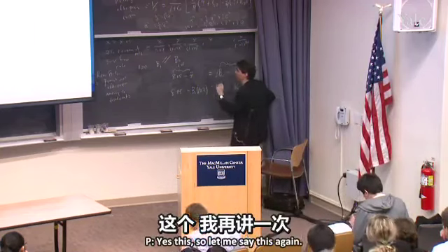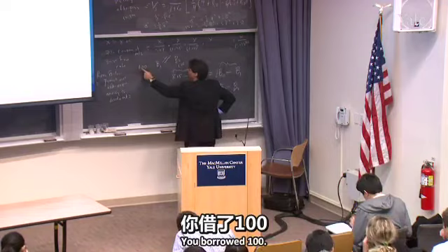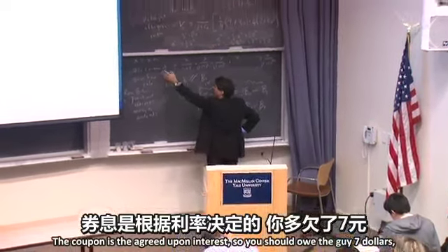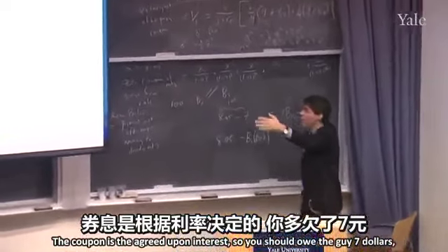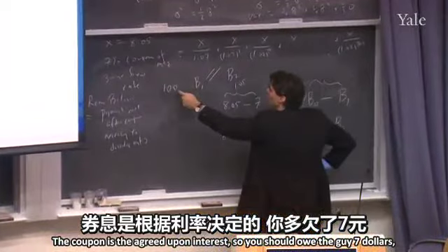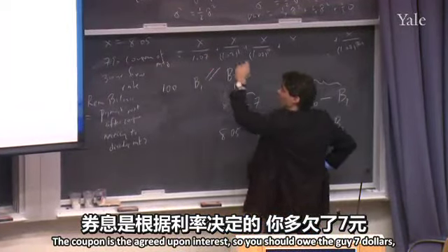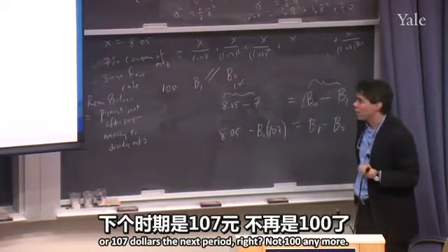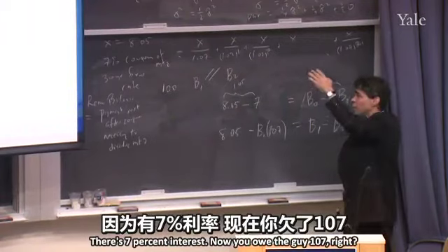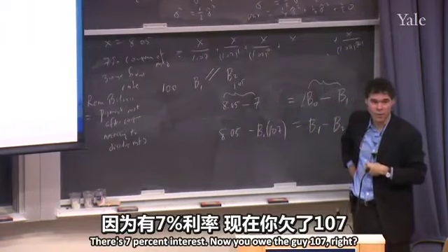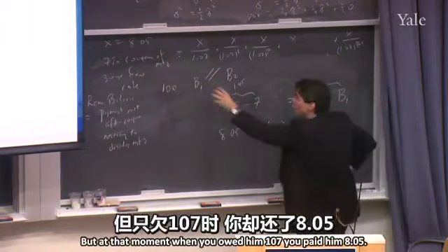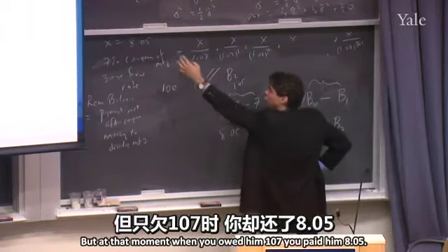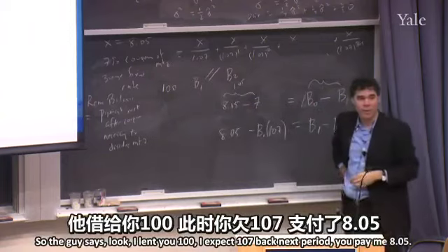Okay, so let me say this again. You borrowed 100. The coupon is the agreed upon interest. So you should owe the guy 107 the next period, not 100 anymore, because there's 7% interest. But at that moment when you owed him 107, you paid him 8.05.